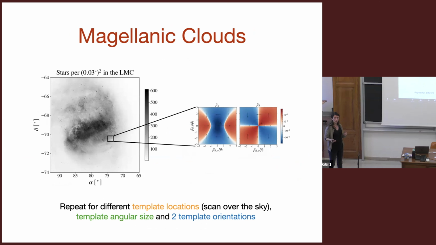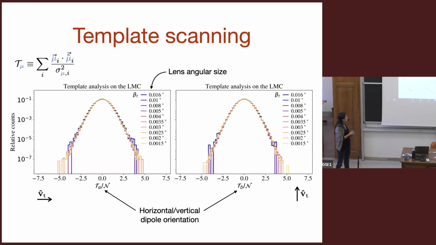And we repeat this for different template locations, by scanning over the sky, and by also varying the characteristic angular size, and for the two template orientations, horizontal and vertical. So the result is that we end up with a number of computed tau values on the data.